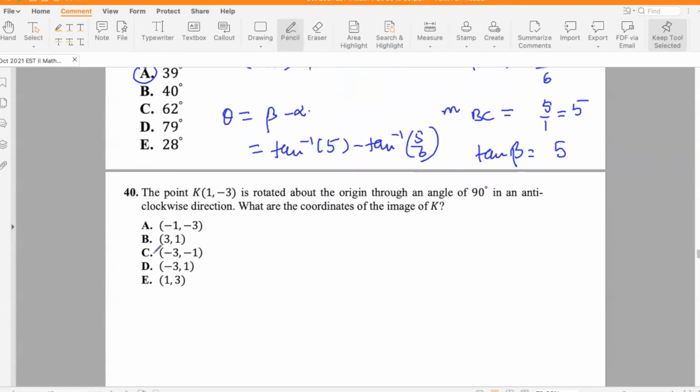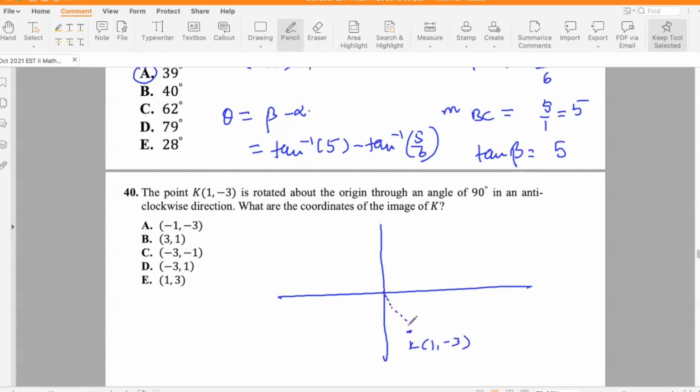The point K (1, -3) is rotated about the origin through an angle of 90 degrees in an anti-clockwise direction. What are the coordinates of the image of K? Okay. So 1, -3, this is K, right?